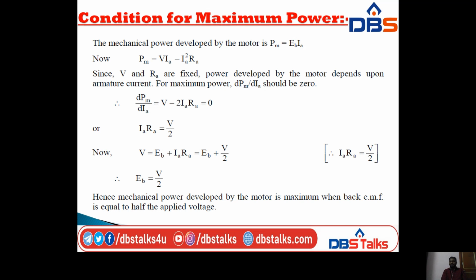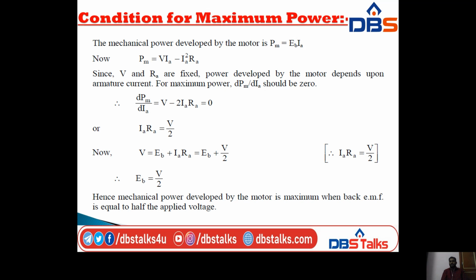That means I am applying differentiation to the mechanical power developed by the motor and then taking it equal to 0. Therefore dPm/dIa = V − ... while differentiating with respect to Ia, V Ia gives V into 1, minus, differentiating Ia² with respect to Ia gives 2 Ia.